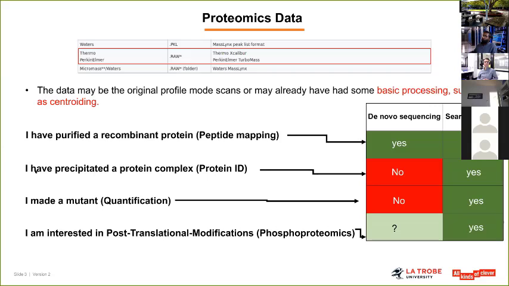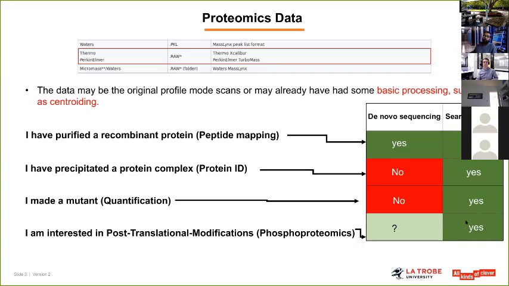But if you are talking about a very complex comparison, for example, comparing a wild type versus a mutant across the whole proteome, then we will not be able to use de novo sequencing because of the computational complexity of the problem. Then we will have to use the search engine. It's the same for quantification, but post-translational modifications are actually in between, because mainly we will be able to use the search engine and get most of the information.